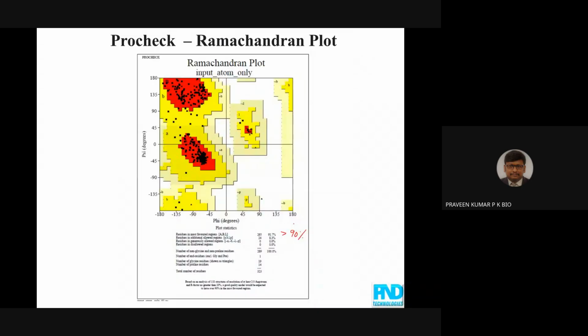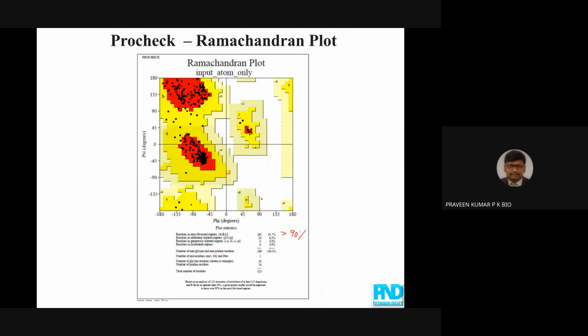If it is 80 percent and above, it is good quality. Good quality structures can be used for further molecular docking or MD simulation, and other computational drug design methods, since the protein structure quality should be good. If it is below 50 percent, don't use that protein for any analysis.